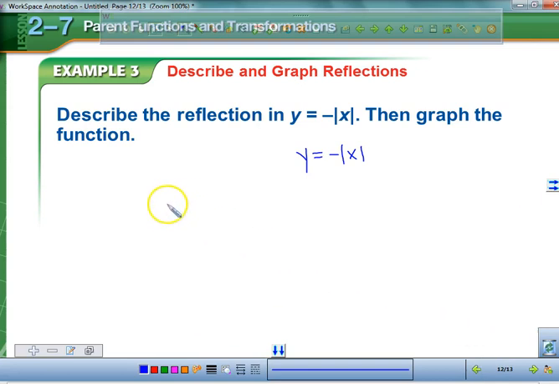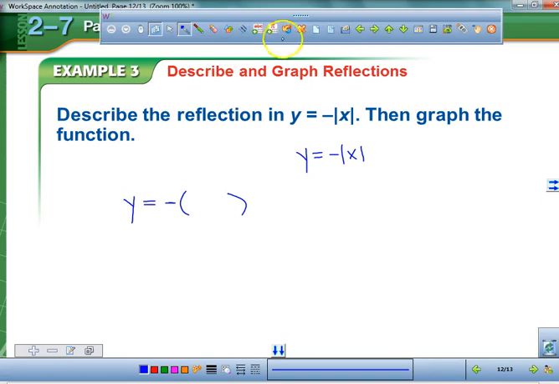Excellent. So right now, I need you guys to understand this. If you see y equals a negative, whatever that function is, ours happens to be the absolute value of x, right? Okay? So if f of x, which is the original, becomes negative f of x, what happens?